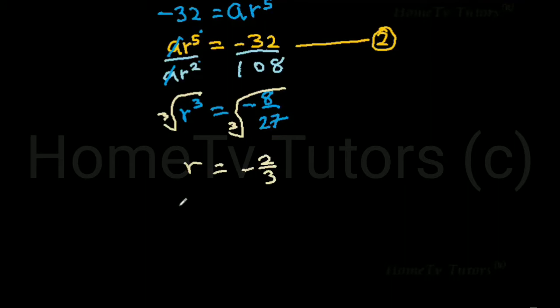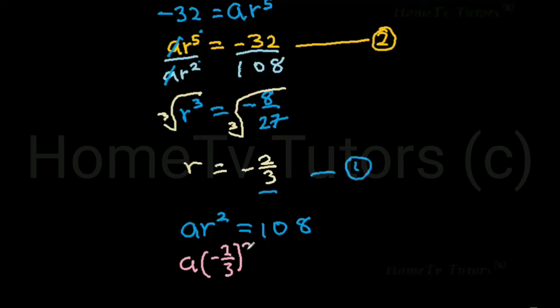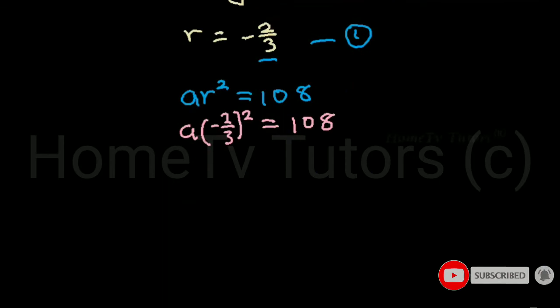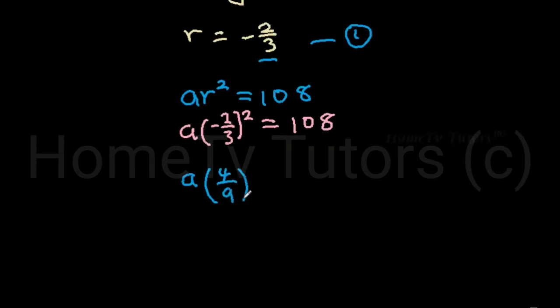Okay, so now we substitute the value for the common ratio in equation 1. Equation 1, which is ar square equals 108, will now become a bracket minus 2 over 3 bracket to the power of 2 equals 108. Now if we square minus 2 over 3, we have a bracket 4 over 9 equals 108.